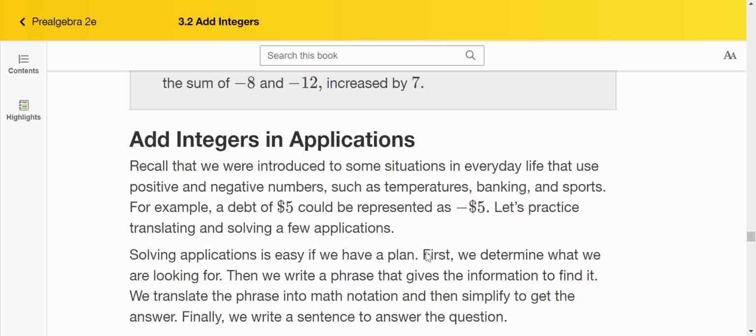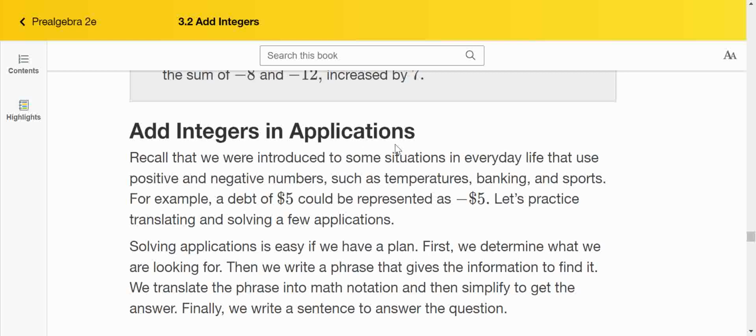And we add integers in applications. Recall that we were introduced to some situations in everyday life that use positive and negative numbers, such as temperatures, banking, and sports. For example, a debt of $5 could be represented as -$5. Let's practice translating and solving a few applications.